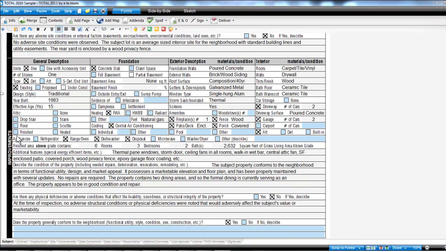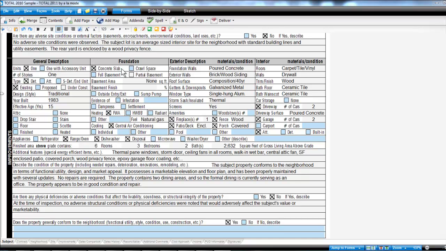Drop stair, is it a finished attic, stairs, a scuttle, one of these panels that you push up and climb into the attic, and I suppose you could click finished and heated here, but the majority of the homes out here will either have no attic if it's an older flat roof construction or open construction, or the typical scuttle you'll see in a bedroom closet, or potentially in the garage.